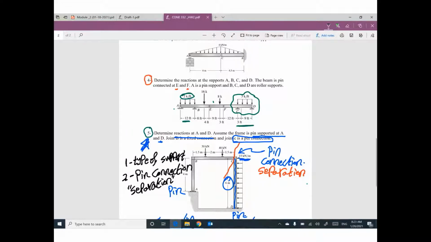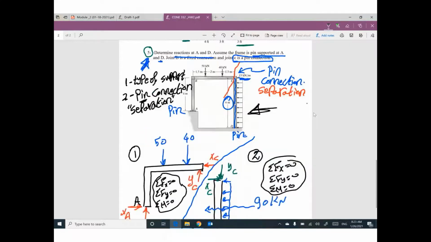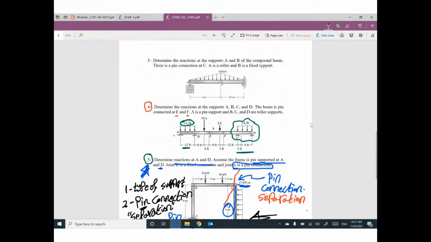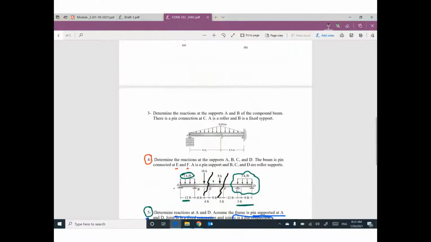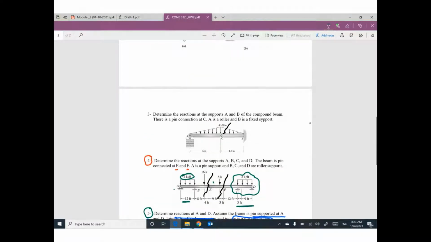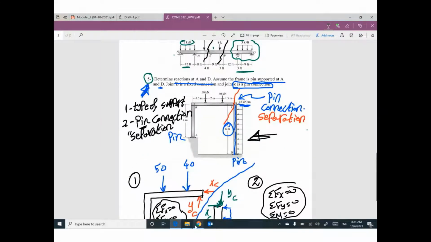How many parts depends on how many pin connections you have. For this problem, we have one pin connection, so I divided the problem into two parts. For this problem, we have two pin connections, so I divided this problem into three parts. The previous one, we have only one pin connection, so I will divide the problem into two parts only. That makes sense? Any other question for these homeworks?